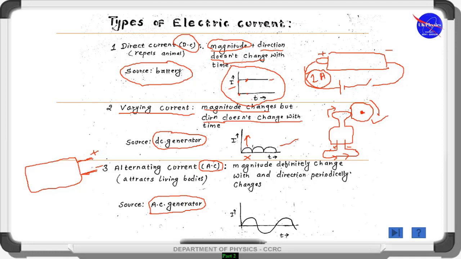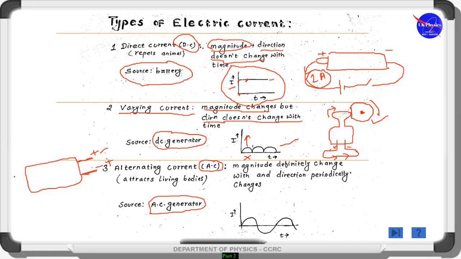Sometimes one terminal becomes positive while at that instant the other terminal becomes negative, and then this reverses. That means positive becomes negative and negative becomes positive.